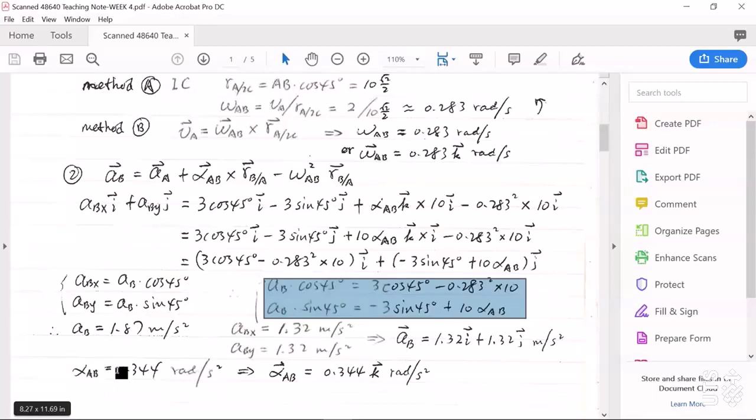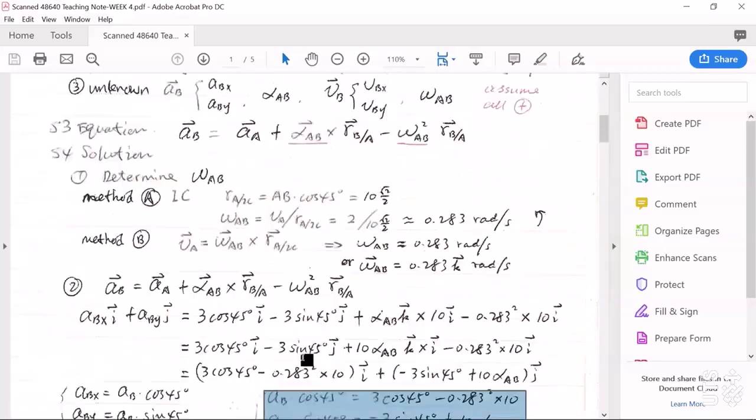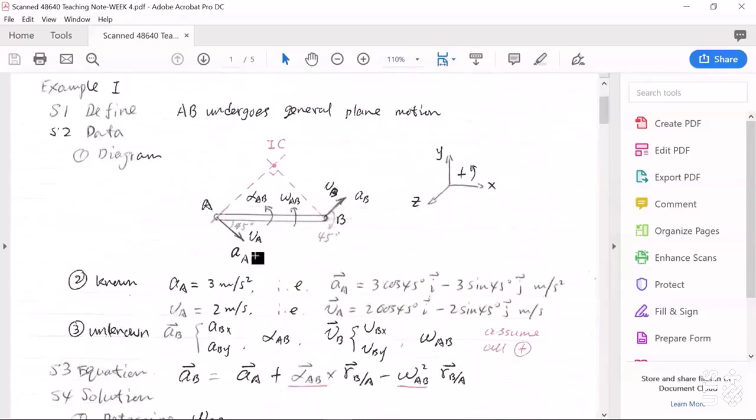And here you can see in this final answer, alpha AB is positive. That means initially in the kinematics diagram, the assumed direction of alpha AB, positive, is correct.